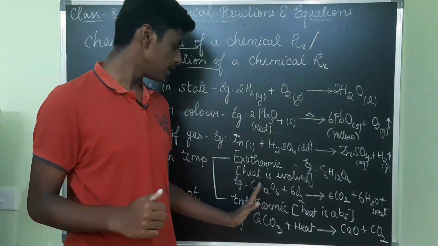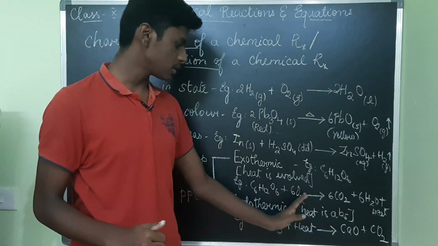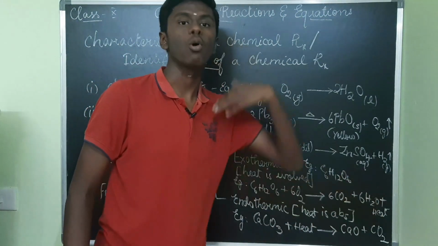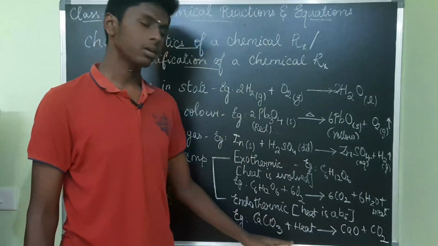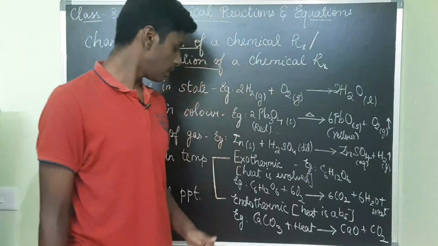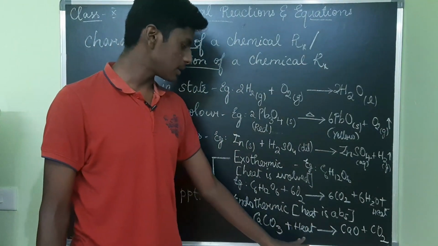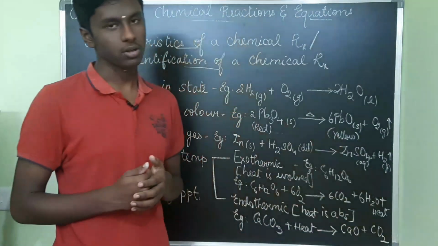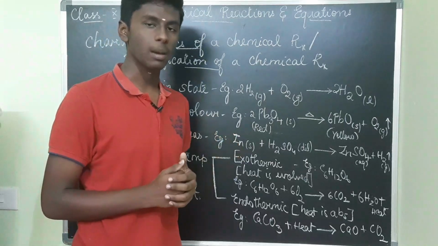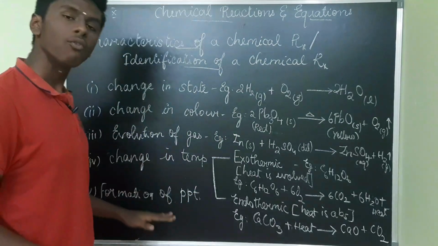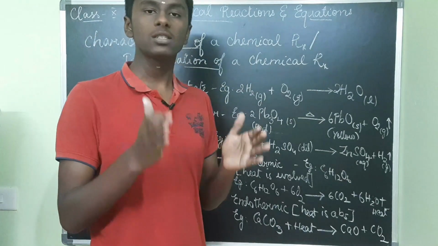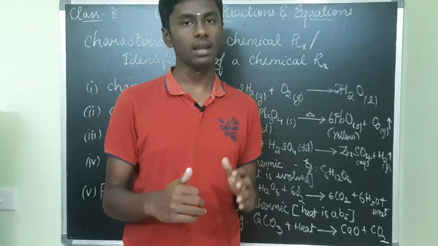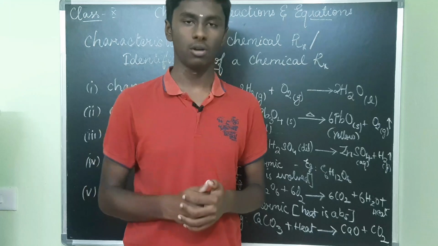For example, C6H12O6 plus 6O2 gives 6CO2 plus 6H2O, and heat is evolved. Whereas in endothermic, heat is absorbed. So calcium carbonate plus heat absorbed forms calcium oxide plus carbon dioxide. So this is about change in temperature, and the final one is formation of precipitates. Precipitates can also be formed, so that we can easily identify whether a chemical reaction has occurred or not.